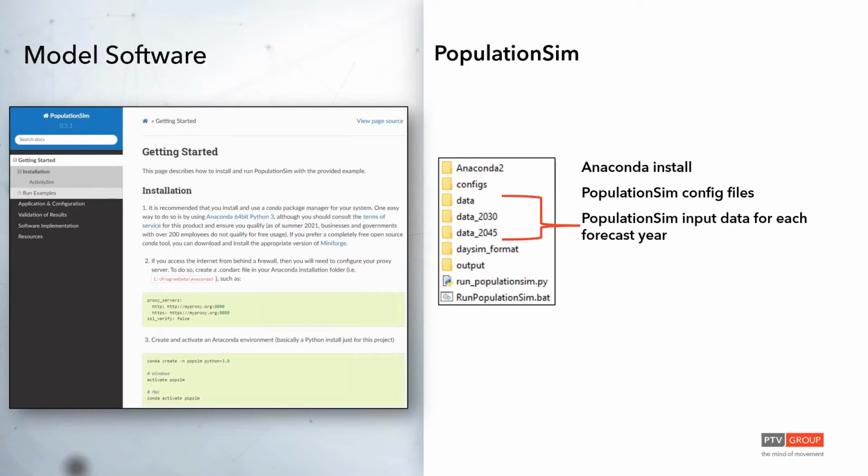And then the Population Sim setup also includes data, and it includes data for 3 years. The data folder is for the base year 2015, and then there is also data for 2030 and 2045 models. The main inputs to Population Sim are a seed sample, which is PUMS data, and marginal controls.